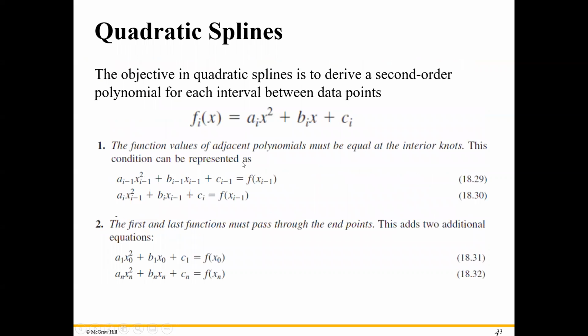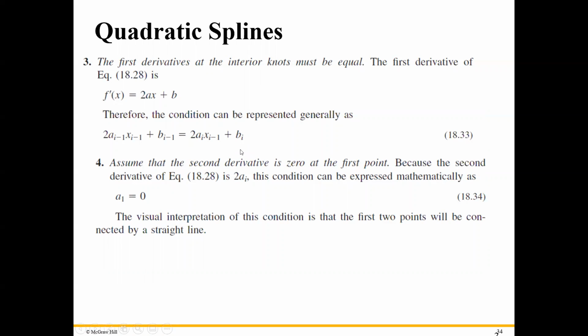For example, if we take the second derivative of this, the second derivative will be 2a1. If 2a1 is zero, that means a1 will be equal to zero. So in this case, it will provide us the last condition. In this way, we can write the four conditions.